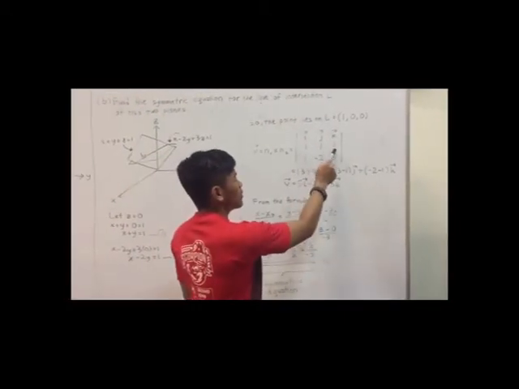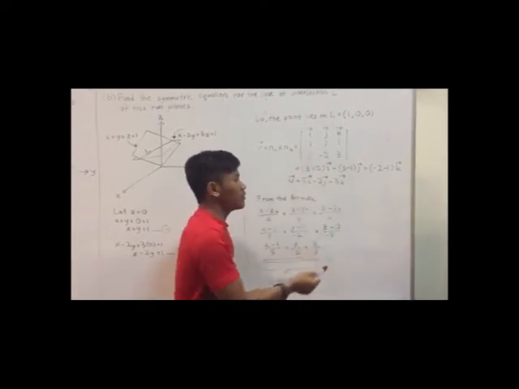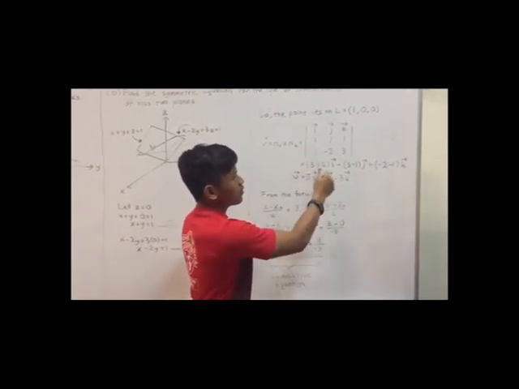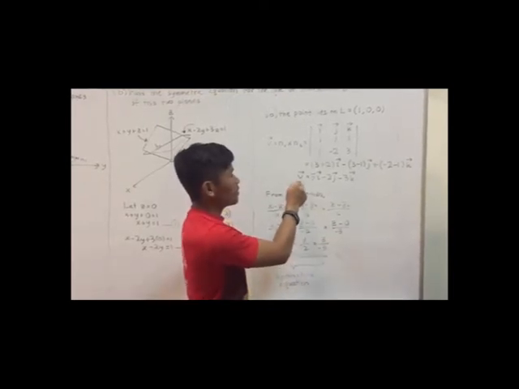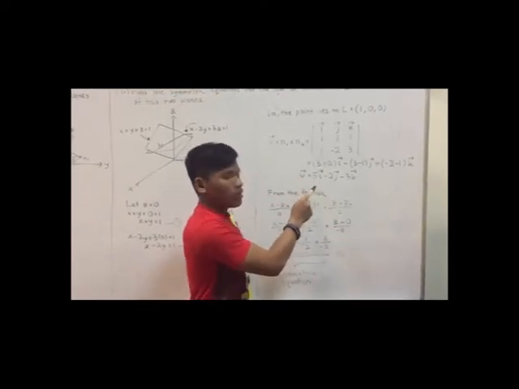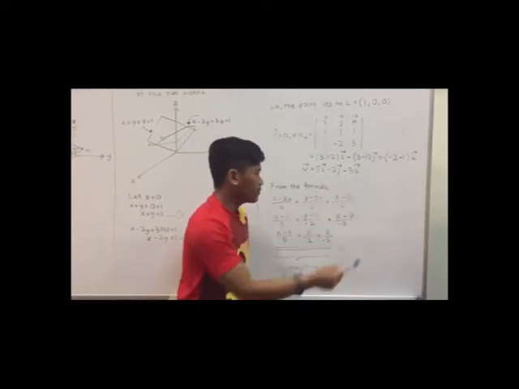This is the first normal vector, and this is the second normal vector. So we solve it, and we get the vector v equal to 5i minus 2j minus 3k.